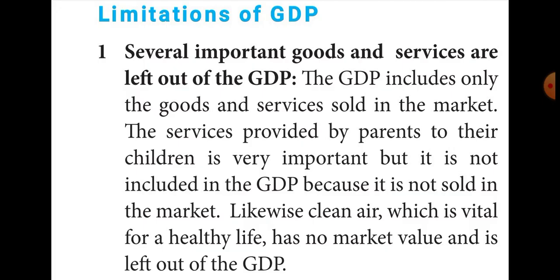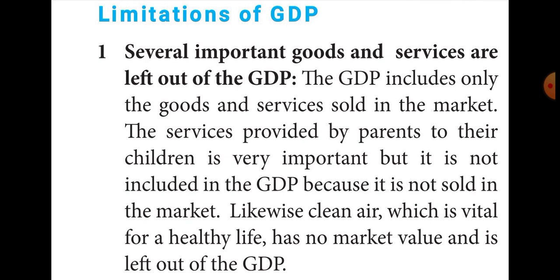The third one is that GDP does not tell us about the way income is distributed in the country. The last limitation is that GDP does not tell us about the kind of life people are living, their living standard. GDP does not tell the details. These are the limitations of GDP.